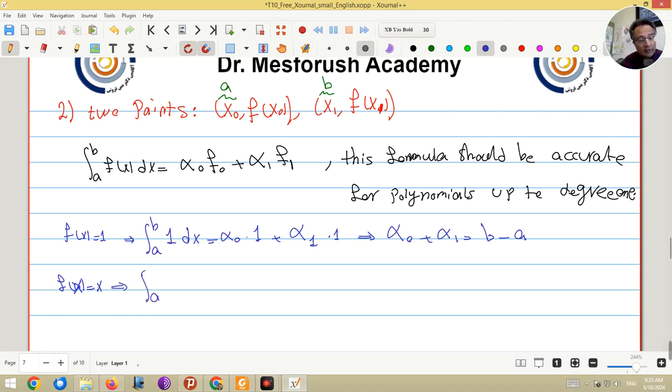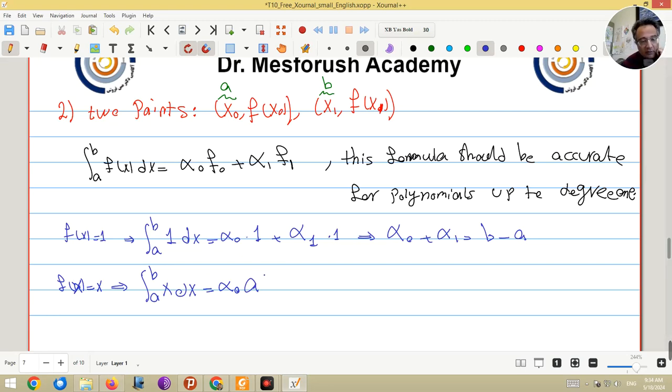So the integral from a to b of x dx equal to alpha 0 times, instead of f, put x. So if we consider f of a, it should be a.